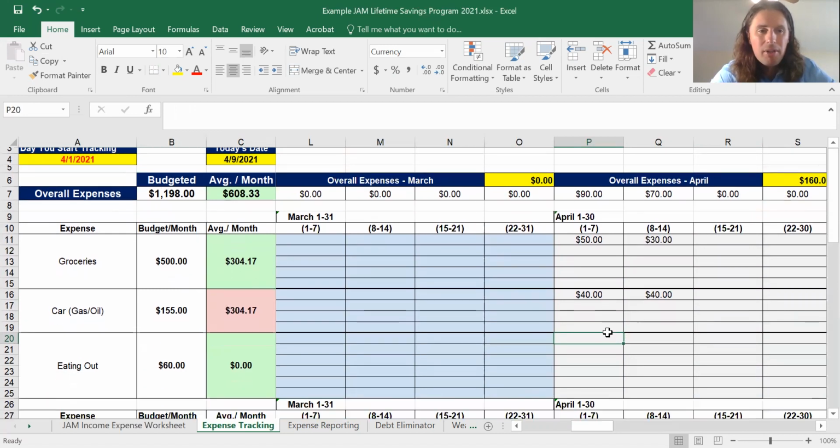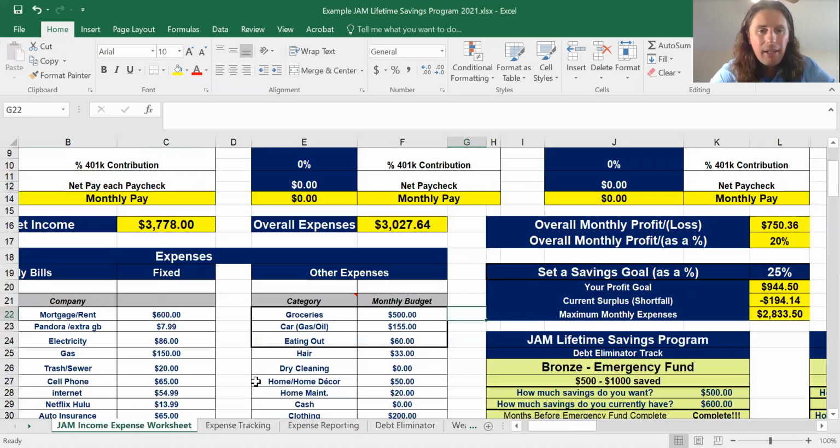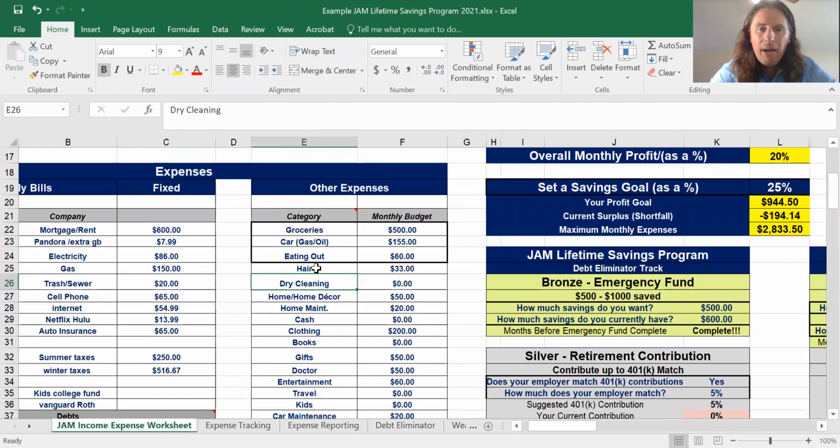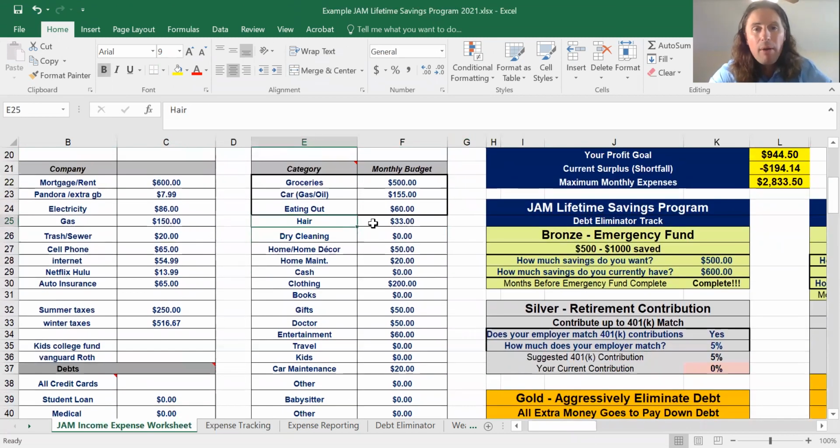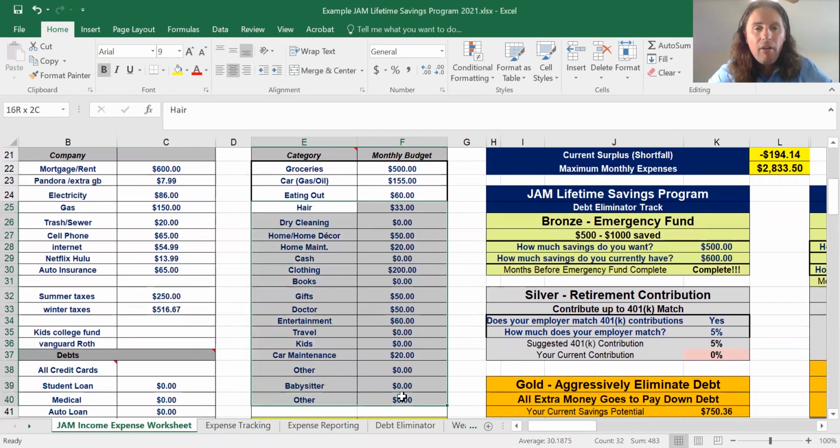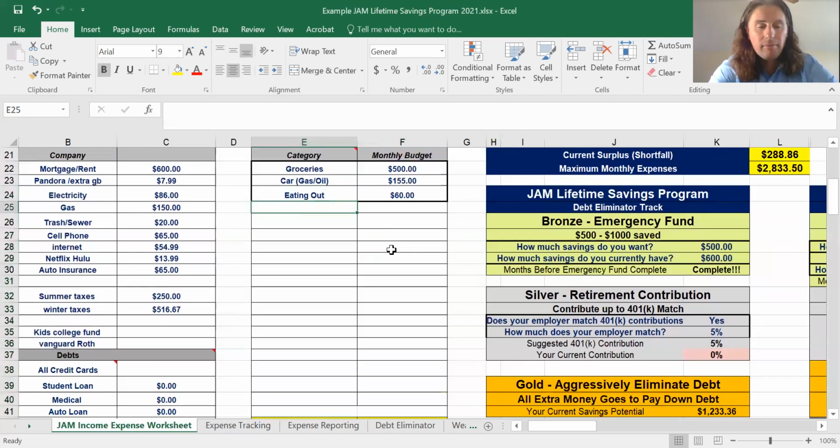So we'll keep this going. We'll update all of our numbers, and your expenses here can be different, and it's going to be different. I'm going to encourage those of you who have identified yourself as a nerd, you can go as crazy as you want with all the different categories. If you identified yourself as a free spirit, what you can do is just say everything outside of food and car can go here.